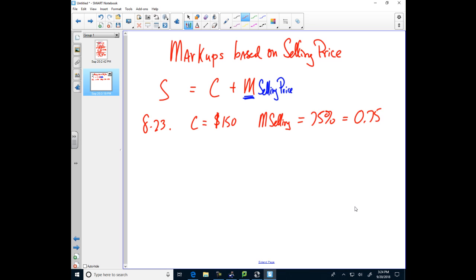Now what we're looking for is S. All right, let's go back over here to our end of the chapter interactive organizer and see if there's something there relating S, C, and M, where M is based on the selling price percent. Which is right along in there. Does everybody see where my thumb is? Let's see if that'll work for us.